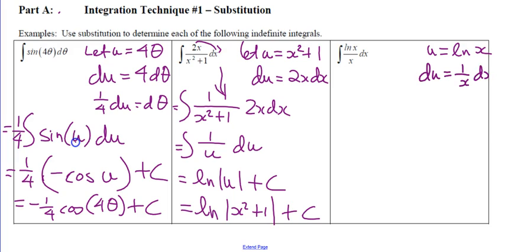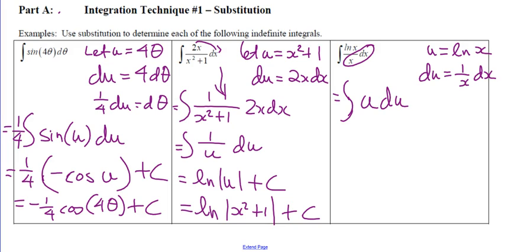One over x dx. And if you look, what have we got here? Basically, 1 over x dx, or something over x dx. So this will become the integral. So ln x gets replaced by u, and the over x dx part is just du.